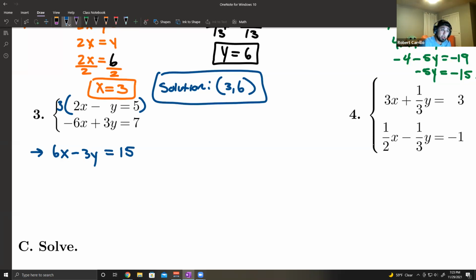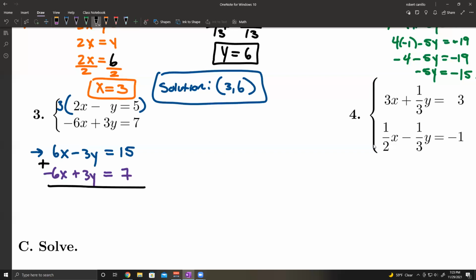And this one's good because we don't have to manipulate the second one because we already have that least common multiple of 6. So you have negative 6x plus 3y equal to 7. Oh, this one's going to be interesting. What happens to both variables when we add the equations together? They cancel out.